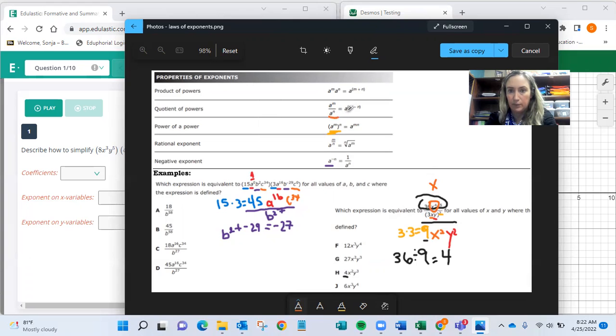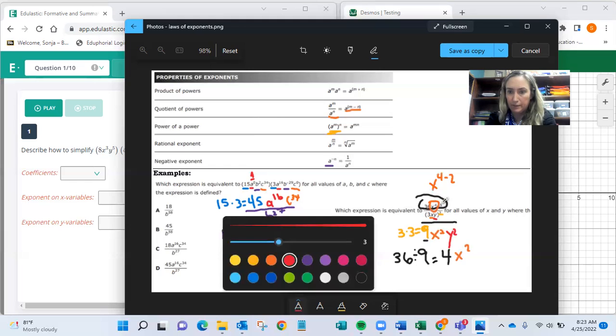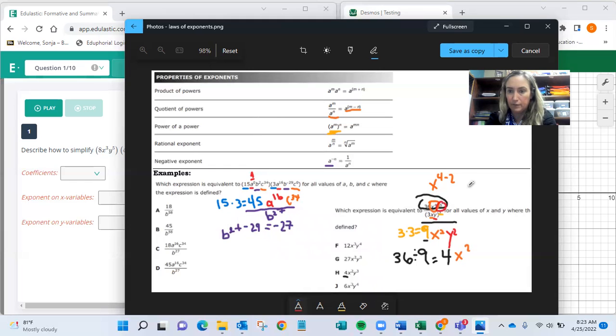And when I divide, I'm really subtracting. And I'm going to take 4 and subtract 2 to get x to the power of 2. And I'm going to do the same thing with the y. So y to the power of 5 minus 2, which is y cubed.